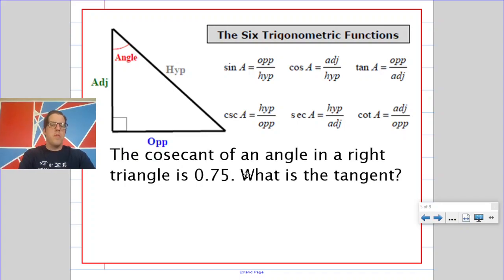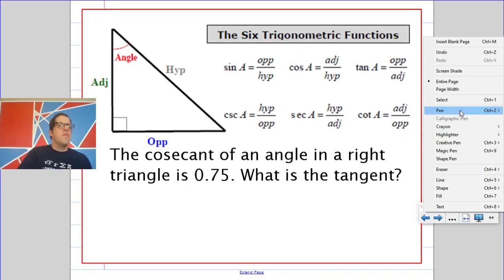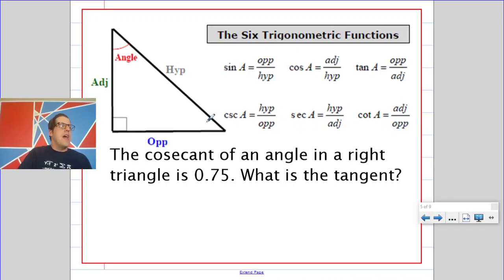All right, so quick problem for you. The cosecant of an angle in a right triangle is 0.75. What is the tangent of that angle? So I'm going to start by picking an angle. And I don't think this is going to be drawn to scale, but I'm just going to pick one of the acute angles.